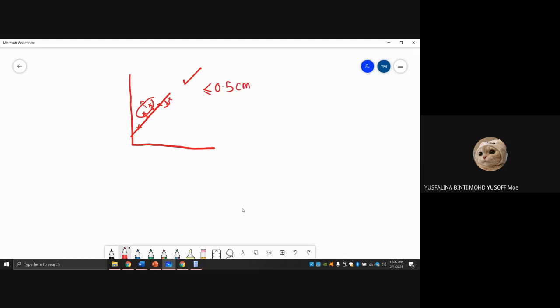So you have to measure. After you underline, you measure the point, whether it's more than 0.5 or exactly 0.5 or less than 0.5. If less or exactly 0.5, it's still acceptable. Or like this also okay.